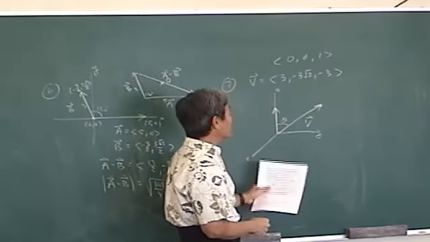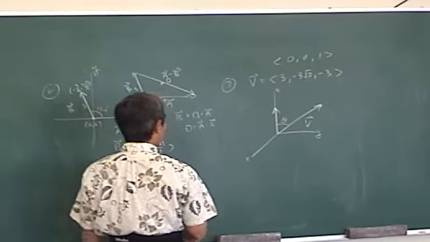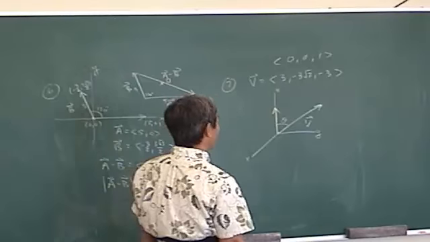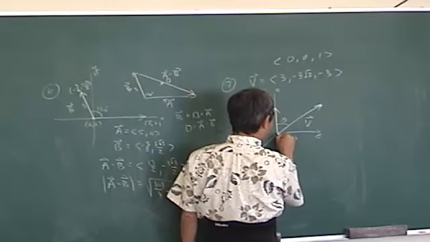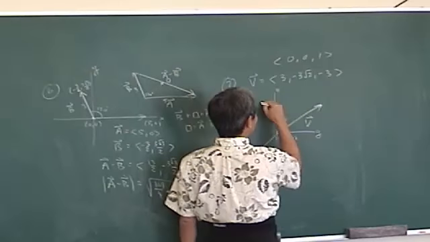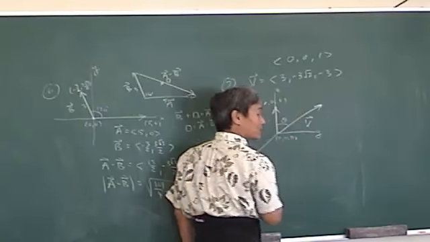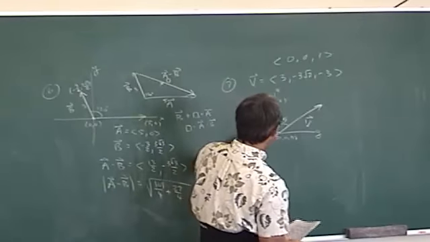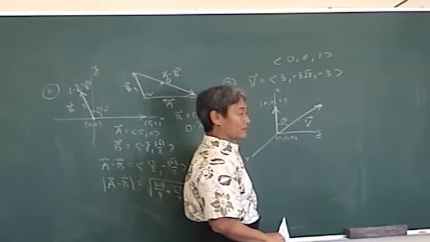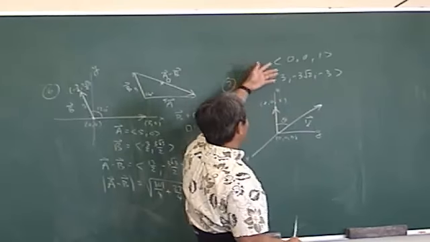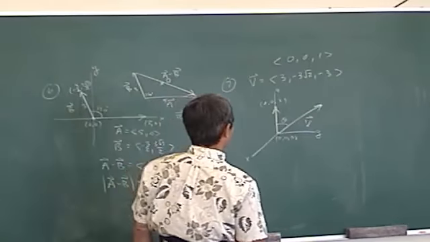Or how about 0, 0, 2, or 0, 0, 3, or 0, 0, 100? Any of those will work. It doesn't matter. If this is the origin, 0, 0, 0, and this point is on the z-axis, wouldn't the coordinates be like 0, 0, 3? So if you go head minus tail, isn't it going to be 0, 0, something? It's just easier to use 1, but you don't have to. You can use 0, 0, 17 if you want.